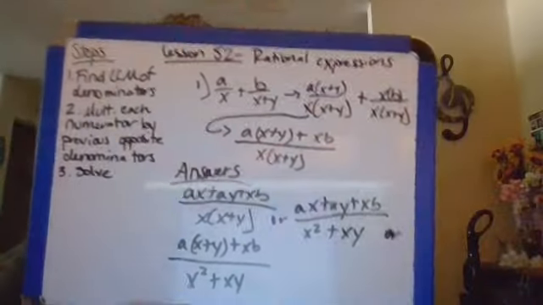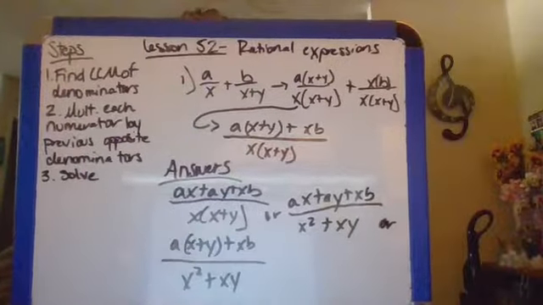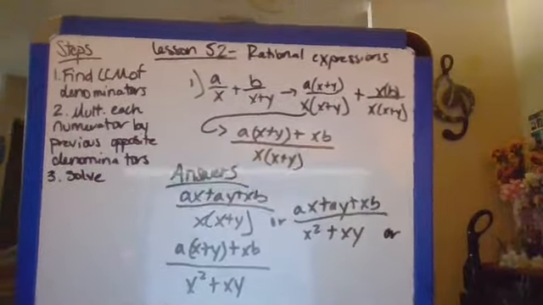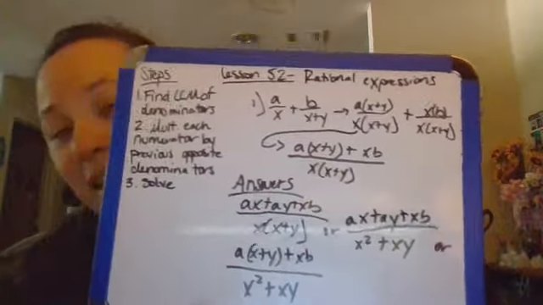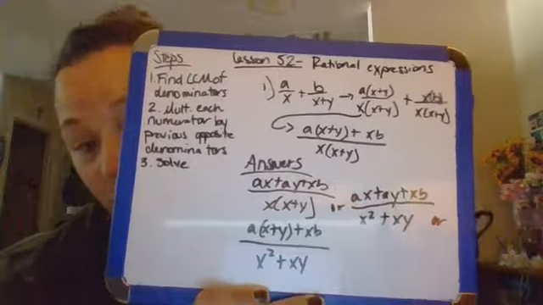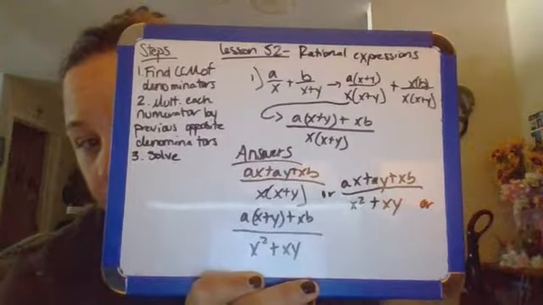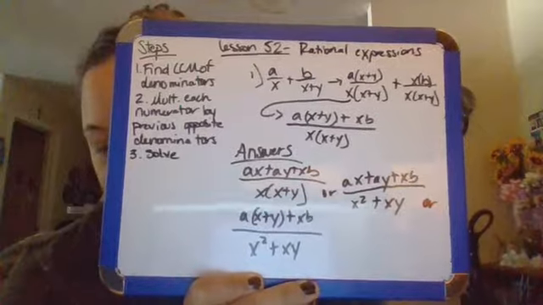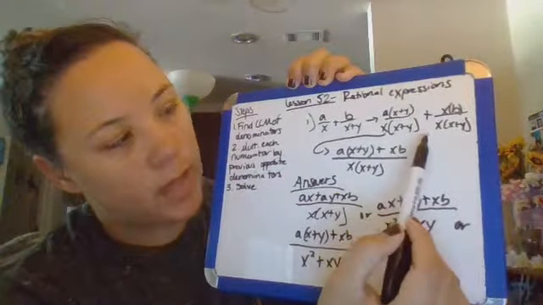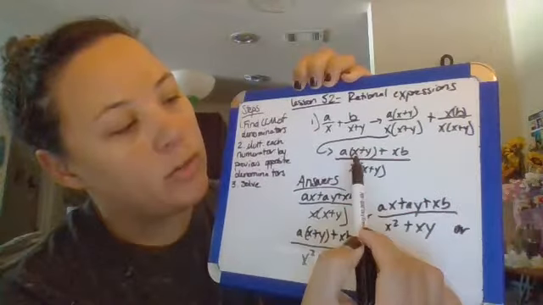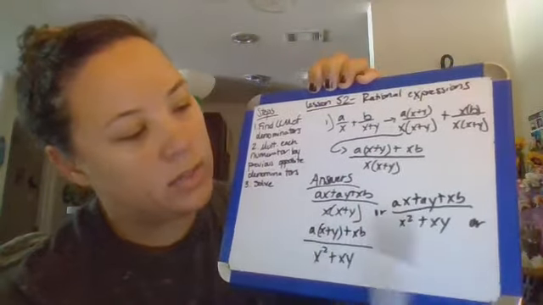So we would have a times x plus y plus xb over x squared plus xy. Any of those answers is correct. So we found at the beginning the least common multiple, multiplied the numerators by the opposite denominators, and then just solved it.